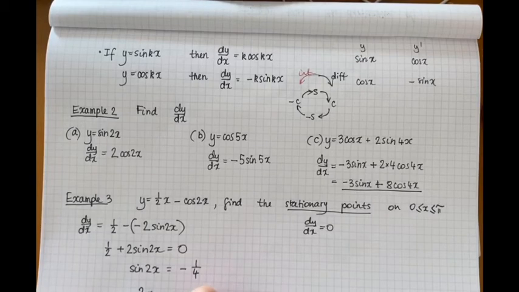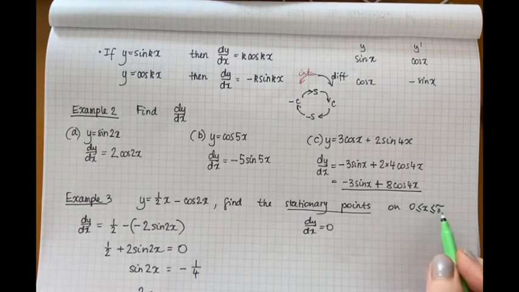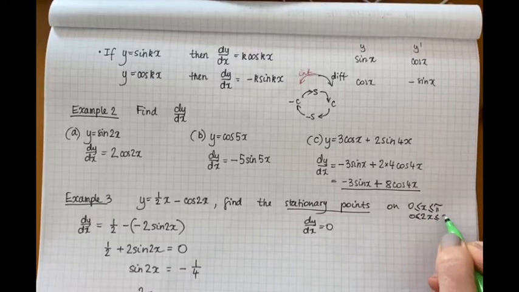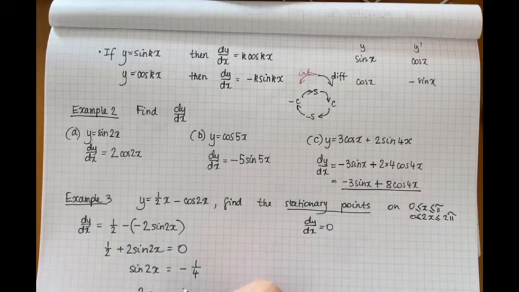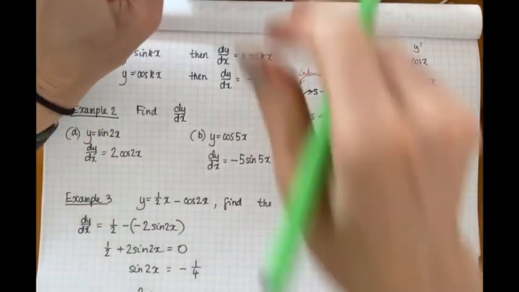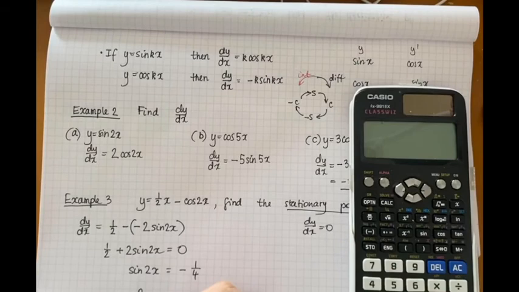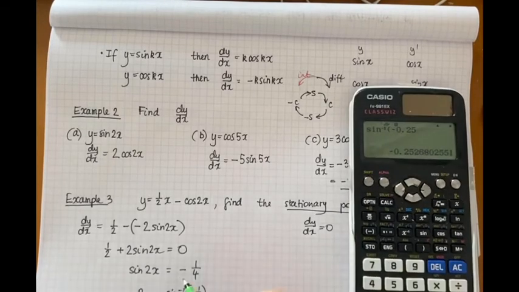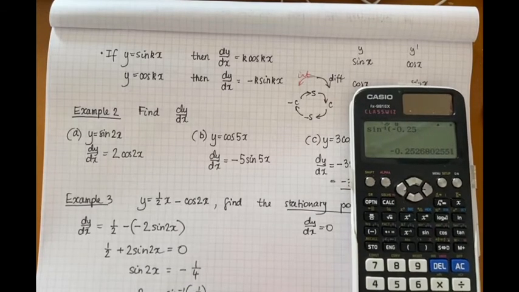So we are looking for all the solutions between 0 and pi. 2x must be between 0 and 2 pi. And remember, we are dealing with radians, so we're going to do sine inverse of minus a quarter. So sine inverse of minus 0.25 gives me minus 0.25268 radians.